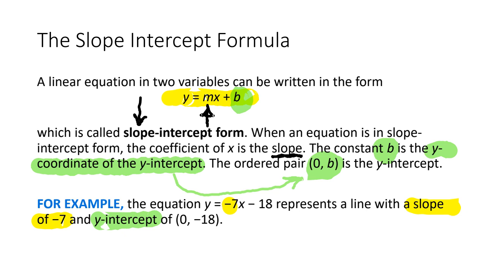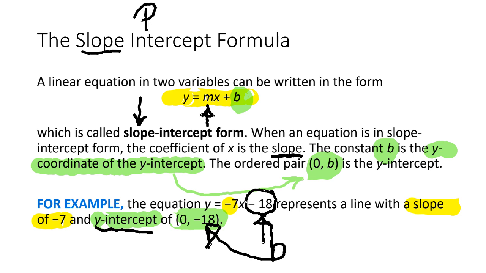This -18 is our b term, but the b has to be written because I'm asking for a point. Y-intercept. This is a slope and a point. Okay? One point, a special point. The point is an intercept.